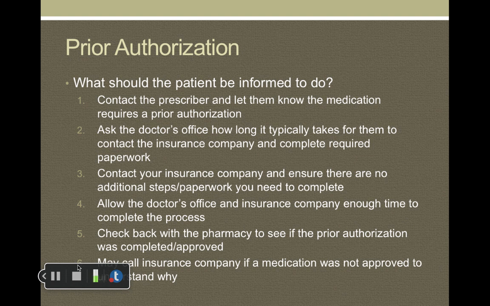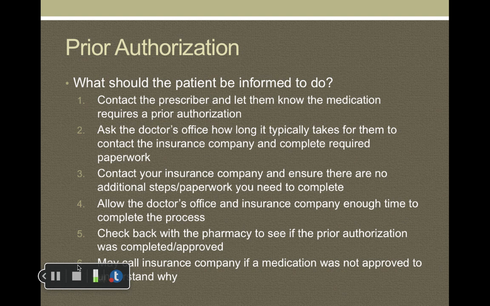Some of them, if they're more urgent needs, like Tamiflu, for example, for influenza, many insurance companies have a PA for those, but because of the timeliness of getting that therapy to patients, once it's submitted, they'll review it within 24 hours. However, most medications are probably about 48, in a good case, 72 hours once that paperwork is actually submitted to the insurance company for them to review it and make a decision.